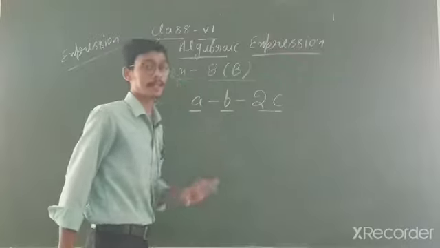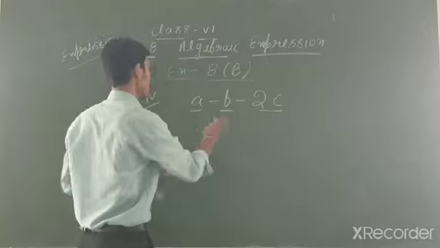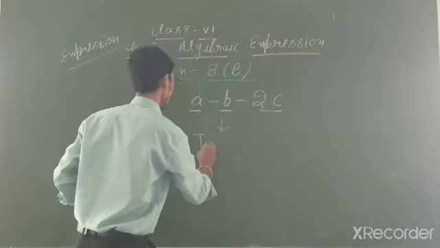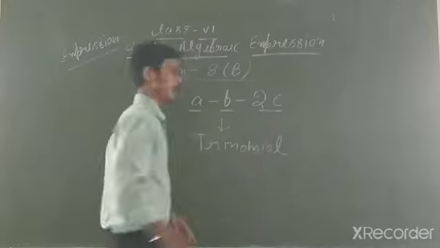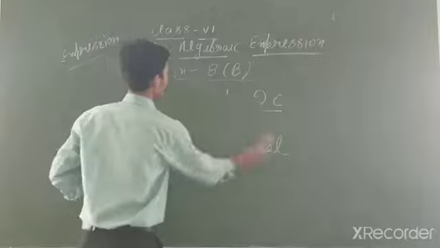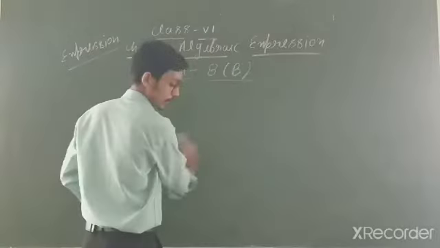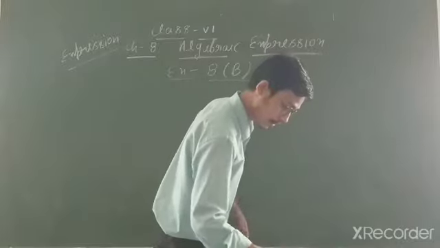If minus or plus sign is given, we will count a single term. Clear student? So you can write this is our trinomial. I think now you are able to judge which one is monomial, which is binomial and which is trinomial. Clear student?